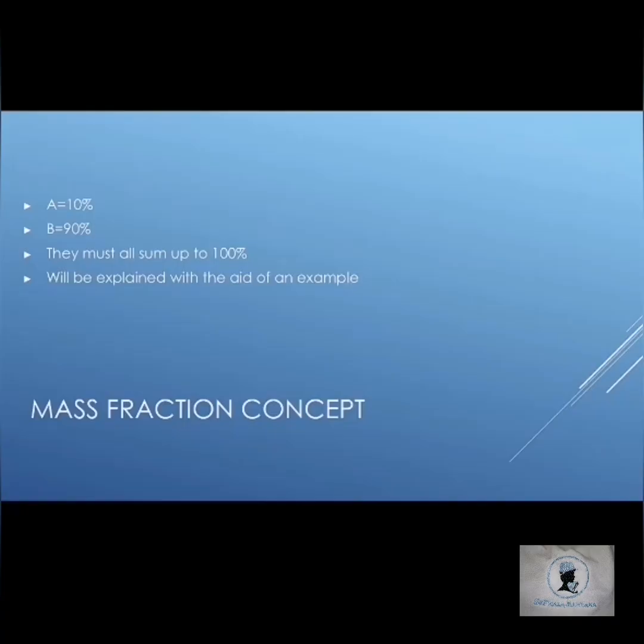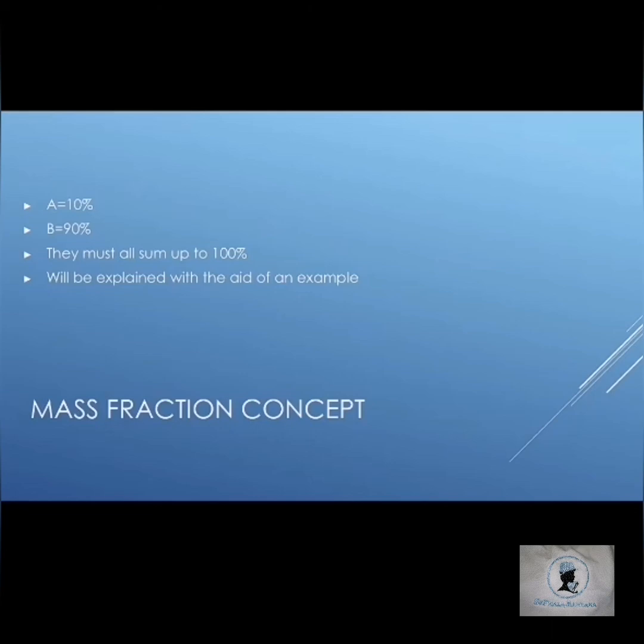So you will find that in a stream we have different materials. Mass fraction is the percentage of components within the stream. As you can see, we have component A and B. A mass fraction is the percentage of that component within that stream.